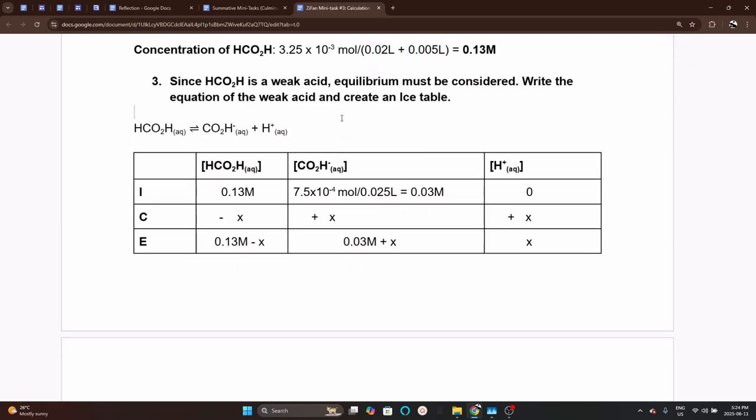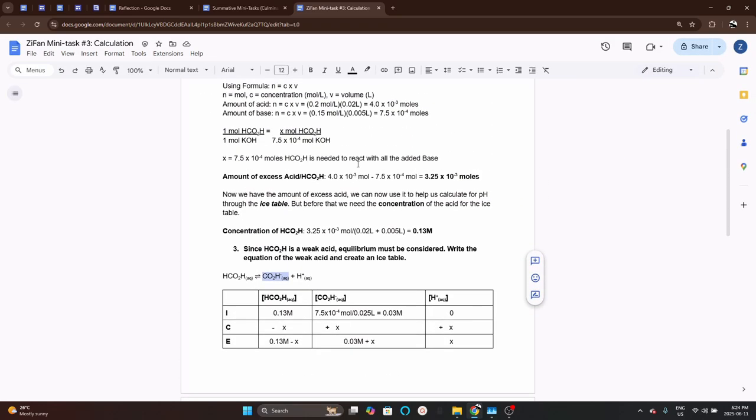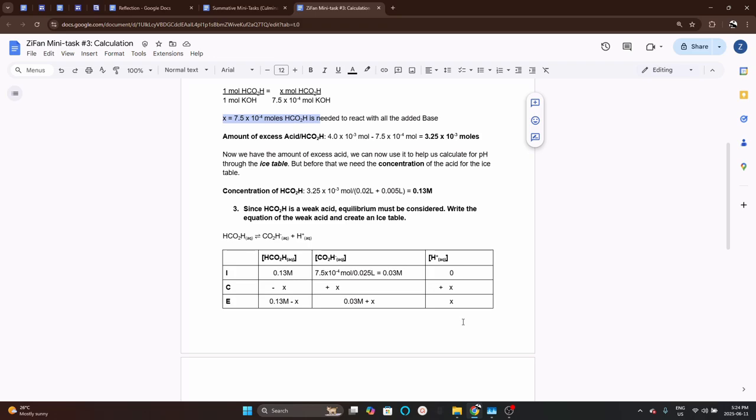As we said above, formic acid is a weak acid, so equilibrium must be considered. As we write out this equation right here, we can see that it produces protons. So this will be what we use to solve for our pH. And the formate ions will be the moles of acid that reacted with the base divided by the total volume after mixing, plus whatever is produced at equilibrium.